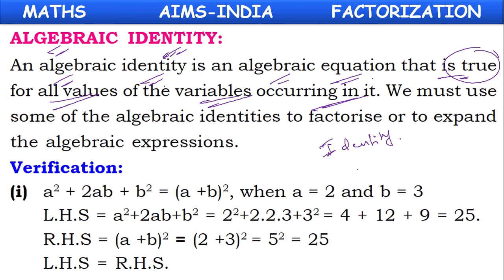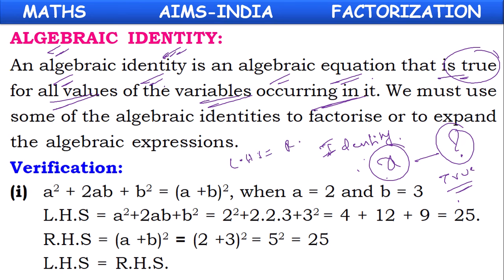Why? If in any equation we have a variable, and we keep any value in the variable, and it is true for any value of the variable, equation means you will be having LHS and RHS.